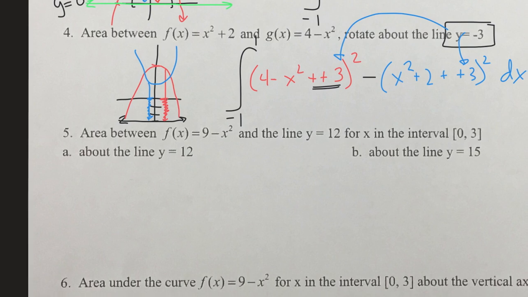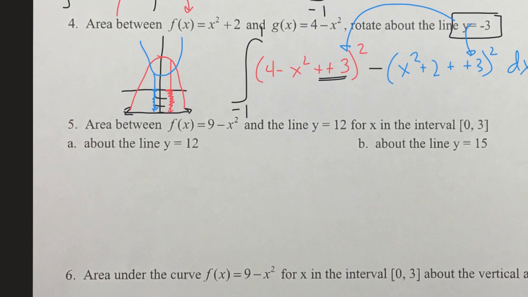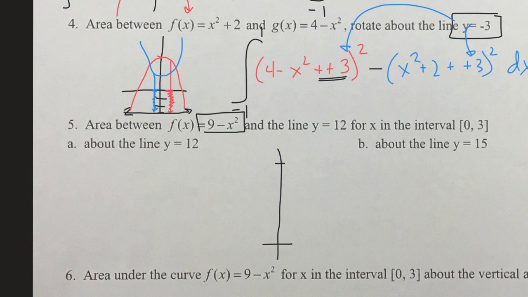Okay, so number 5 is similar in nature. So let's just set up number 5. We have f of x equals 9 minus x squared, okay, which crosses at -3 and +3, with a y intercept at 9. So there's our graph. And the line y equals 12 on the interval from 0 to 3.